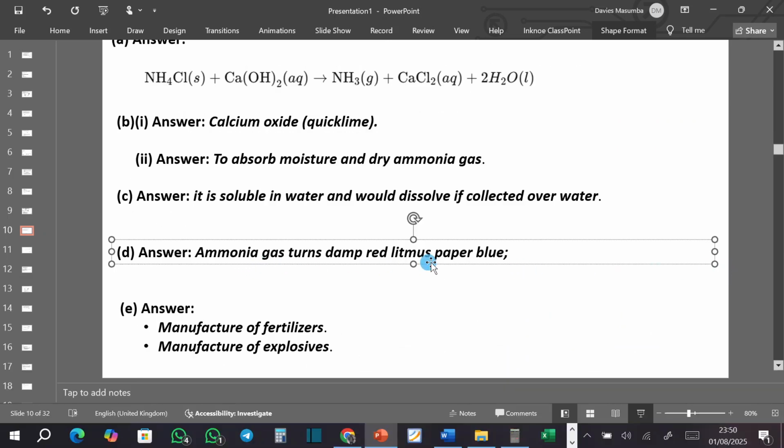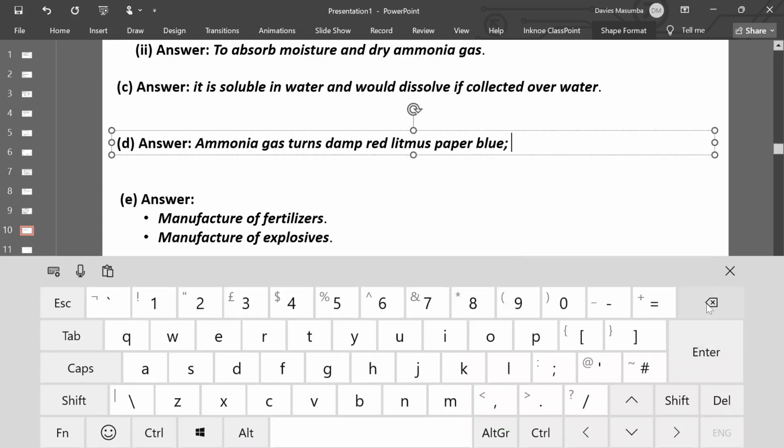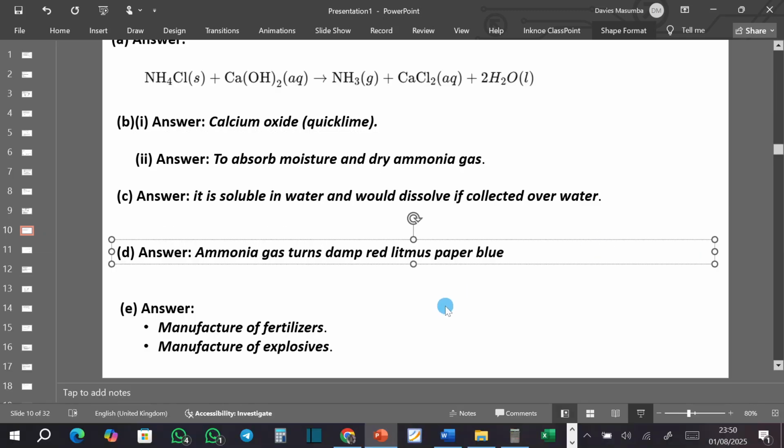Ammonia gas turns damp red litmus paper blue. When a red litmus paper is made damp, it means you have made it wet.